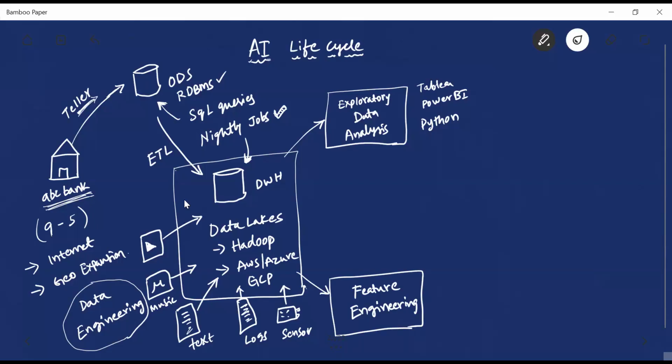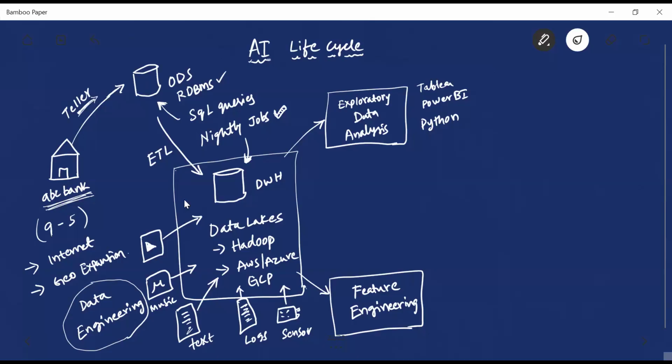A feature is like a condensed version of your raw data. Probably you're combining multiple tables or trying to get some insights from different tables and then condensing that information into a reusable component called a feature. That is called feature engineering. It is very close to data engineering because data engineers tend to do feature engineering also.